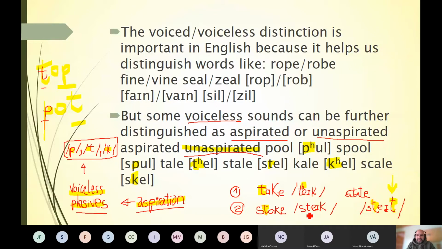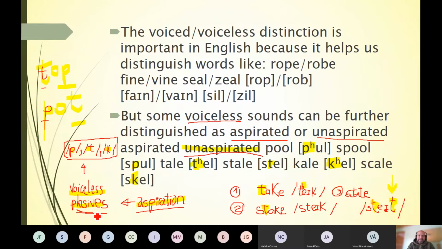And in steak, we do not have this symbol representing aspiration, because this t is unaspirated. Okay. In the next example, we have the same thing in state, the final t, right? And the first t in middle position, both of them are unaspirated. Okay. So aspiration is a feature that takes place in voiceless plosives, in English. It's a feature that we might find in English phonology.